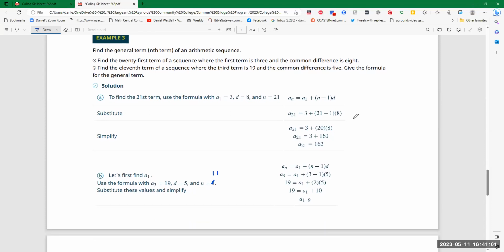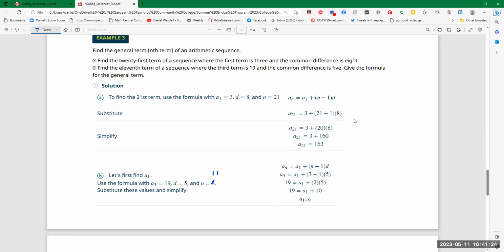Okay, so how many more terms did we need to go to get from the third term to the 11th term? Let's just ignore this work. I think they did their work wrong here.